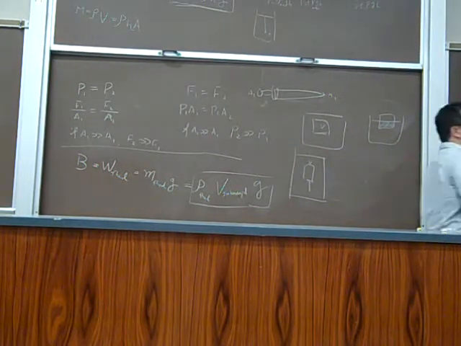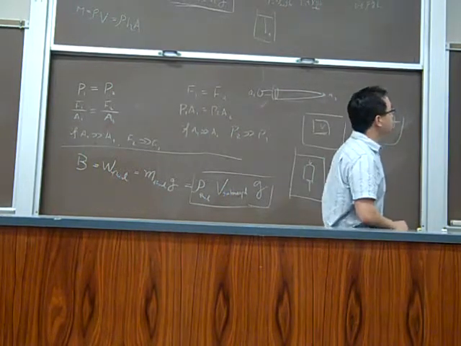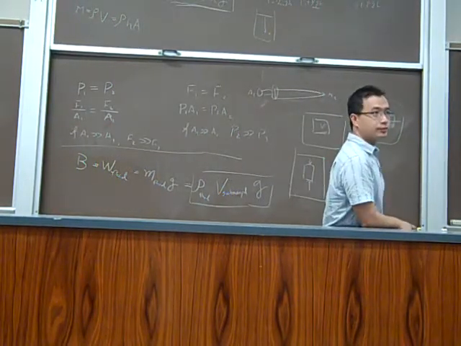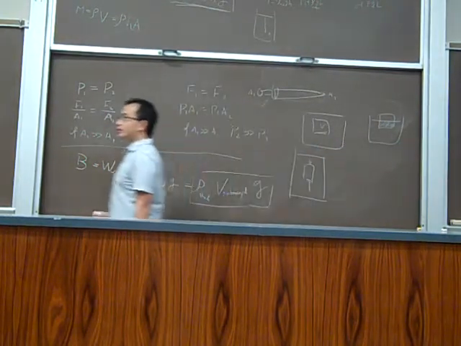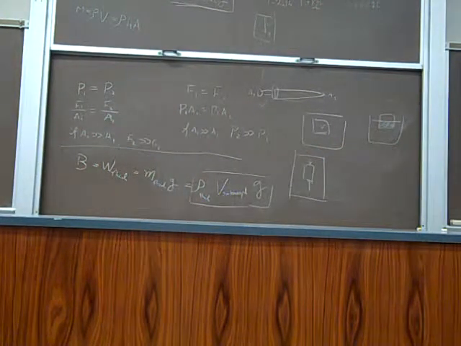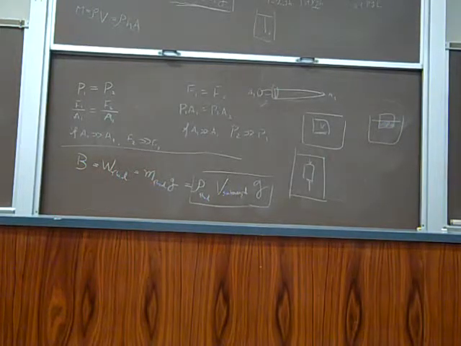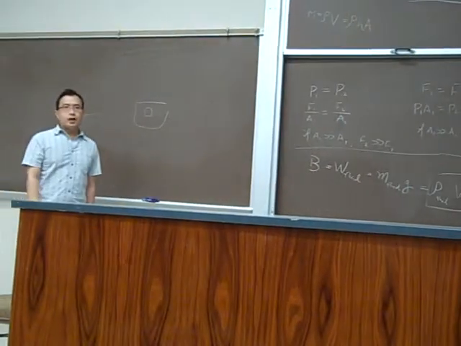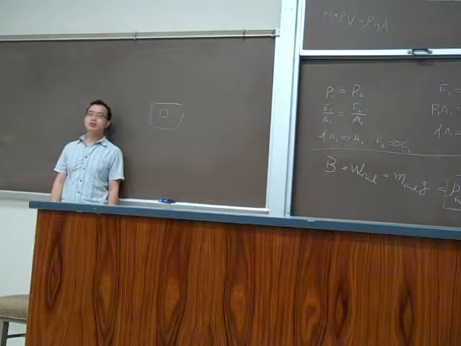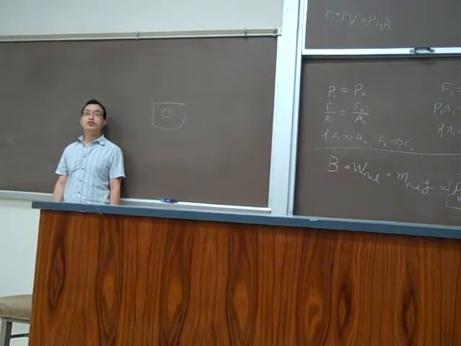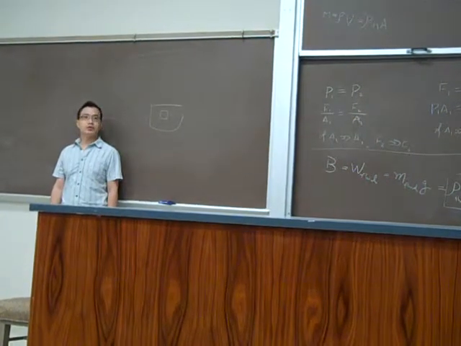A related phenomenon is called the apparent weight. If you measure the weight of an object in the water, the weight you measure, which is called the apparent weight, will be smaller than its true weight due to the buoyant force.